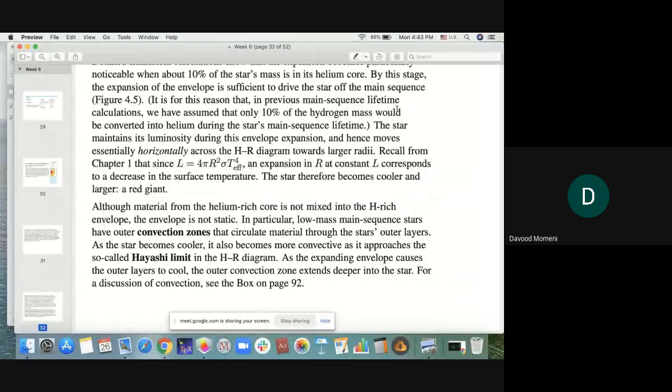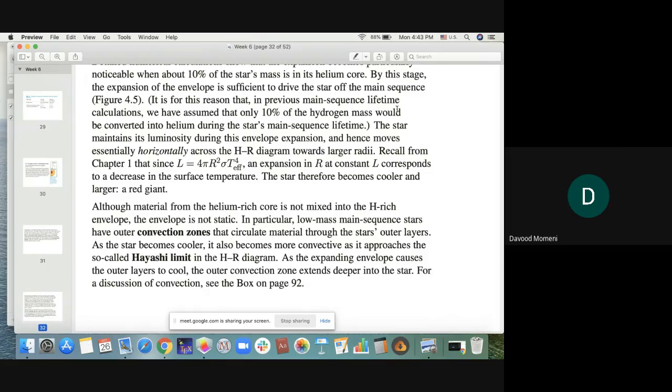Especially, the numerical solution and simulation show that for low mass main sequence stars, which have convection zones, the outer layers play a more important role than the other regions. So if the star becomes a little cooler, it becomes more convective.